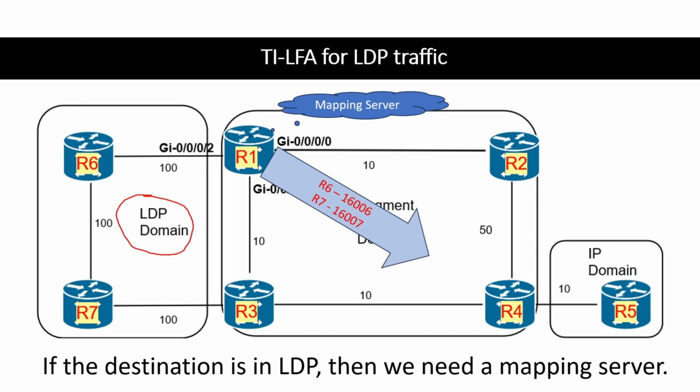It is only required when we are moving from the segment routing domain to the LDP domain. In a nutshell, if the destination is in the LDP domain, then only we need the mapping server.